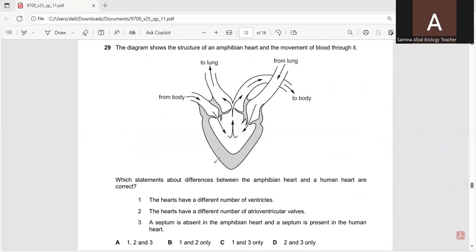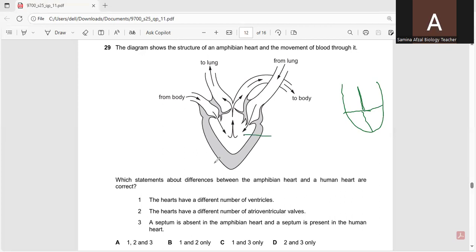So here you can see the hearts have a different number of ventricles. You can see in the human heart we have two ventricles, whereas you can see a single ventricle over there.